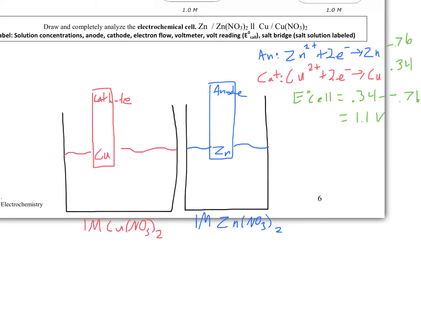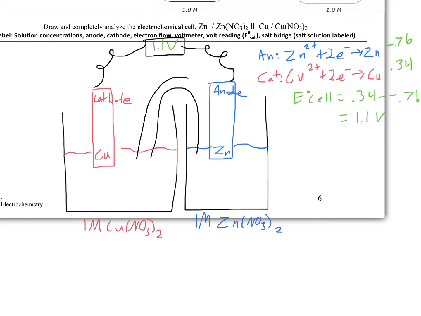I'll draw in my wire to my voltmeter. On my voltmeter, it should be reading 1.1 volts. Now this cannot occur unless I also draw in my salt bridge. And in my salt bridge, I'm going to use KNO3.